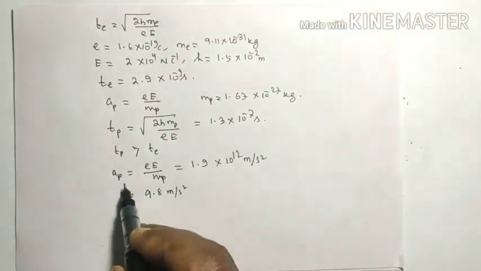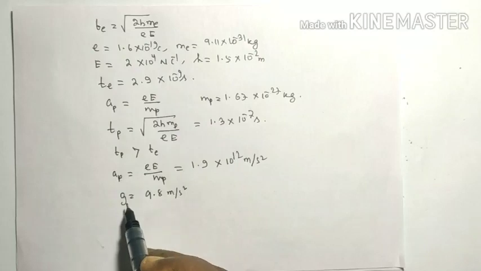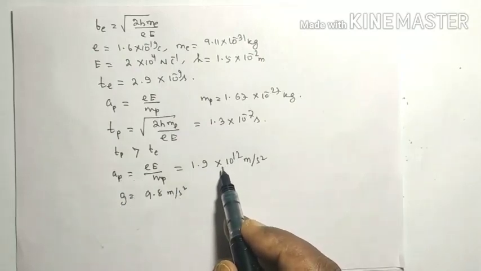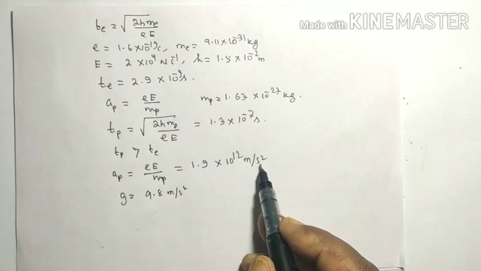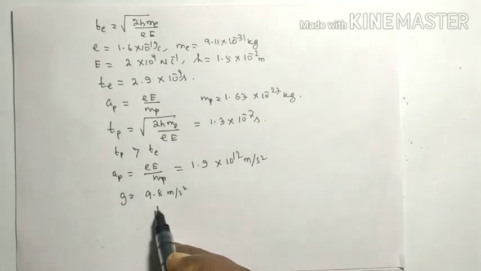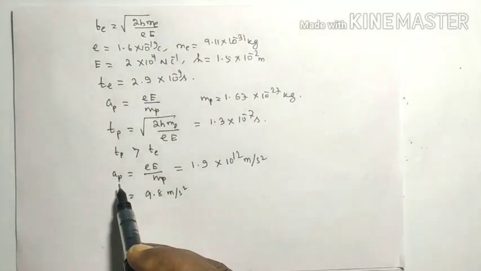If you compare these two, a_p and g, then a_p is much greater than g. The acceleration of the proton, 1.9 × 10^12 meter per second squared, is very large in comparison to 9.8 meter per second squared. That is why here we neglect acceleration due to gravity. Gravity has very little effect on the falling of the proton.